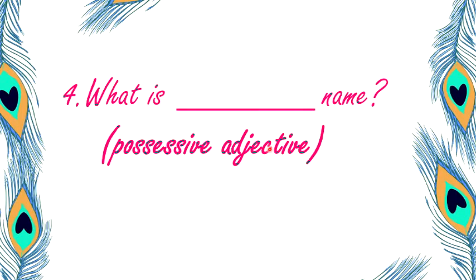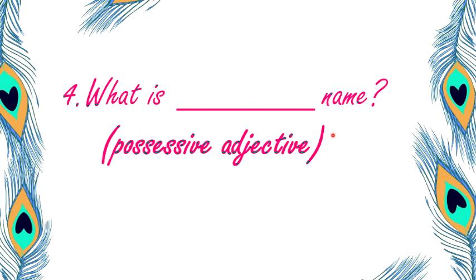What is dash name? You have to supply a possessive adjective. Now, dear children, when you talk to someone, what will you say? Generally, the most appropriate adjective which should come here is: what is your name. Yes, possessive adjectives are those which tell us the possession of a noun. But it can be: what is his name, what is her name.